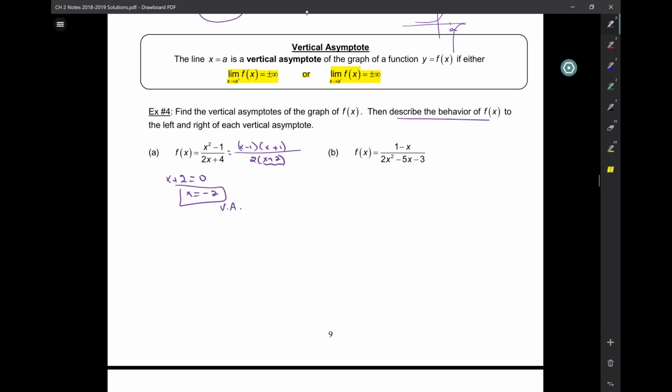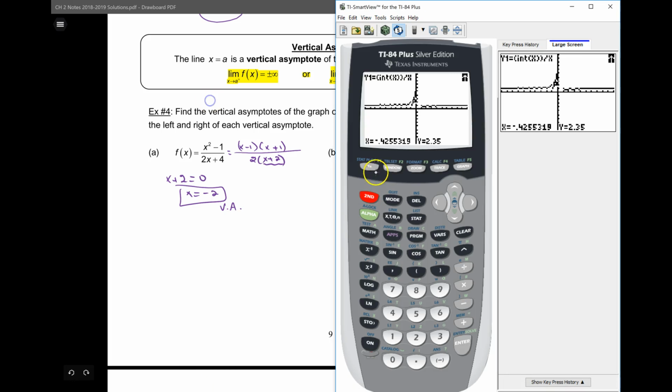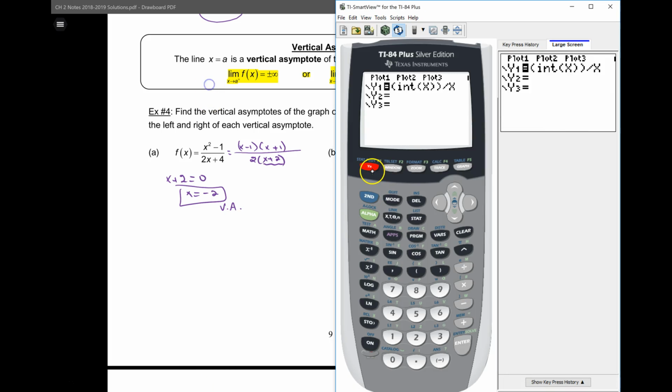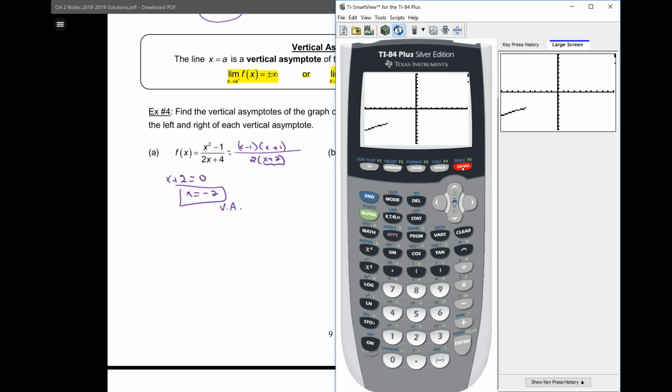Okay. So then it says what happens on either side of this. All right, so if I graph this, x squared minus 1 over 2x plus 4. All right, look at where -2 is.